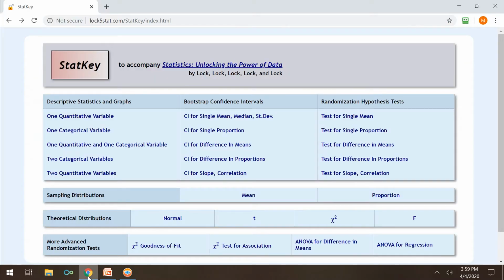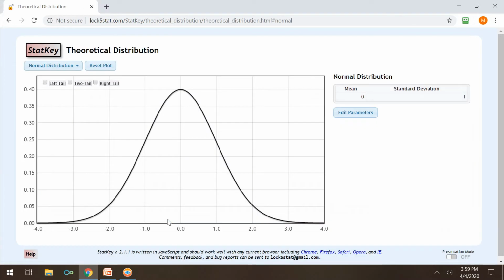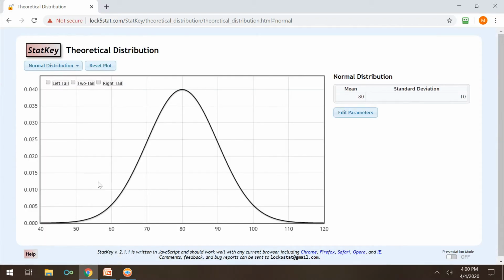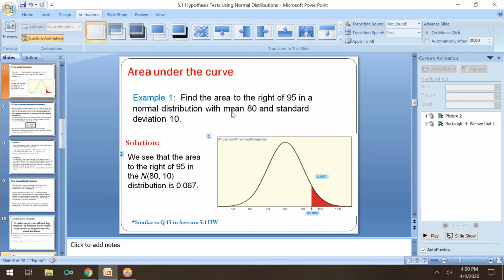So when you go to StatKey, you will go to the word normal this time for this section. And once you are in there, you will edit the parameters to enter what you are given. You are given the mean to be 80 and the standard deviation to be 10. So once you do that, you create this normal distribution that is centered at 80 and has a standard deviation of 10. And the question is, find the area to the right of 95.